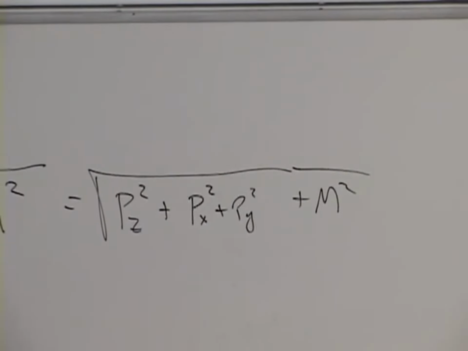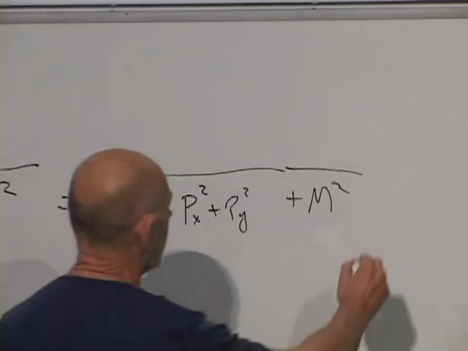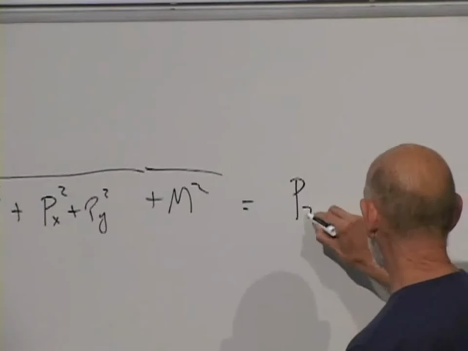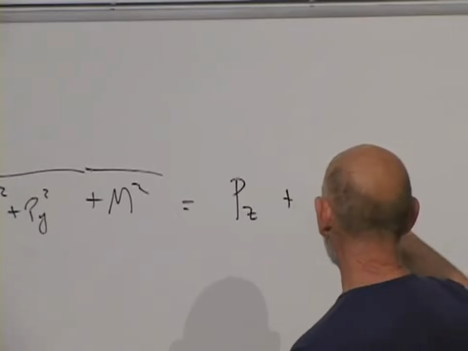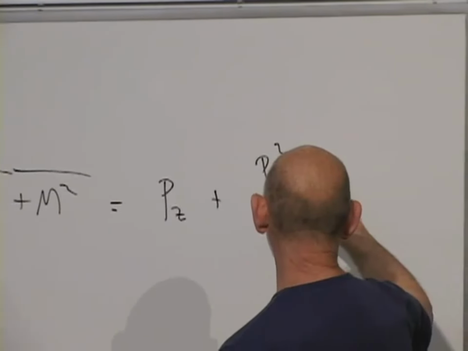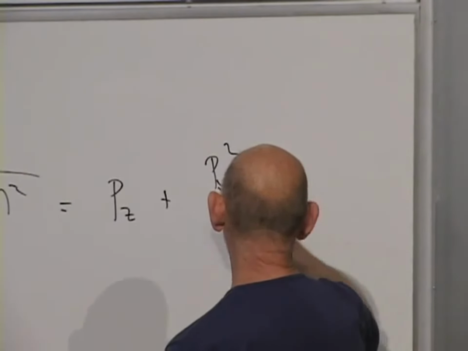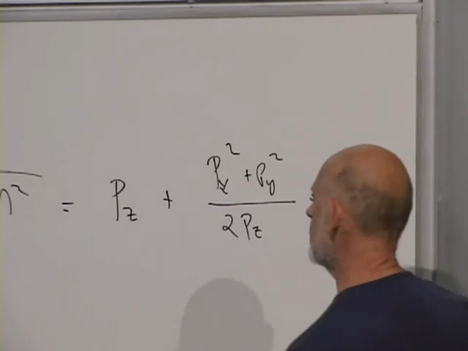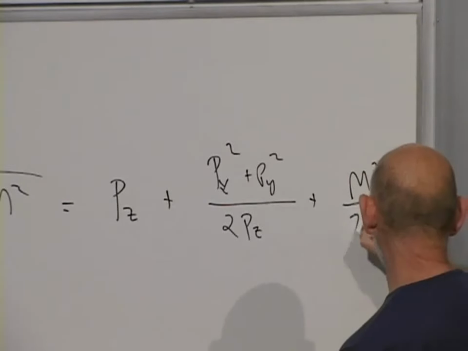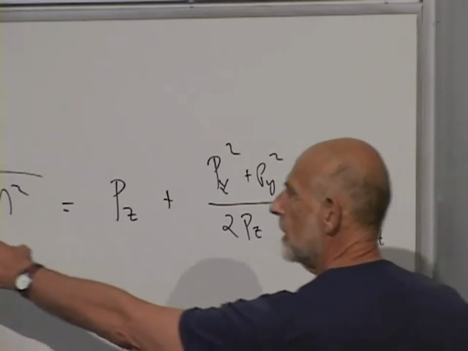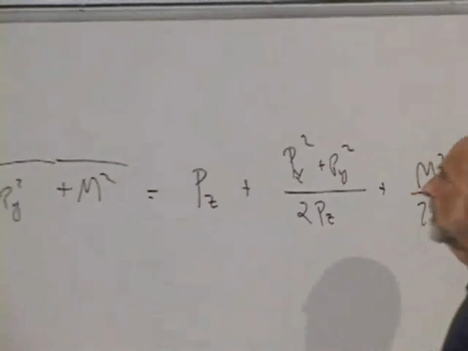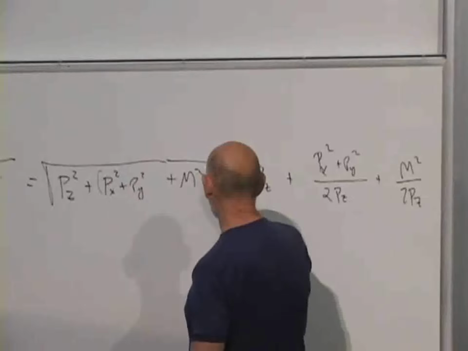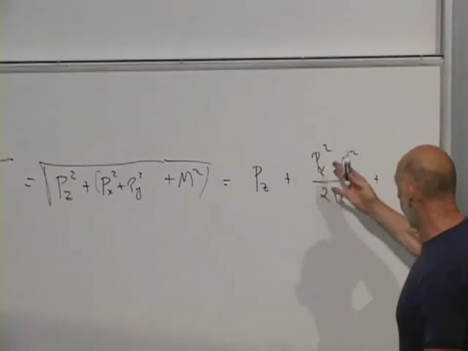And in that limit, this becomes equal to pz plus px squared plus py squared divided by twice pz, plus m squared divided by twice pz. What I've done is expand this quantity, thinking of pz as the big thing and the rest of it as being much smaller. And this is what you get.